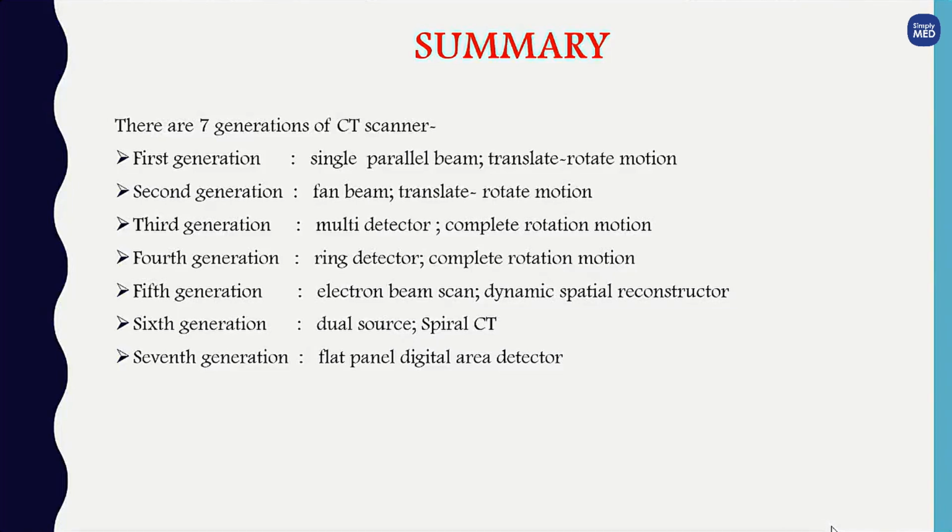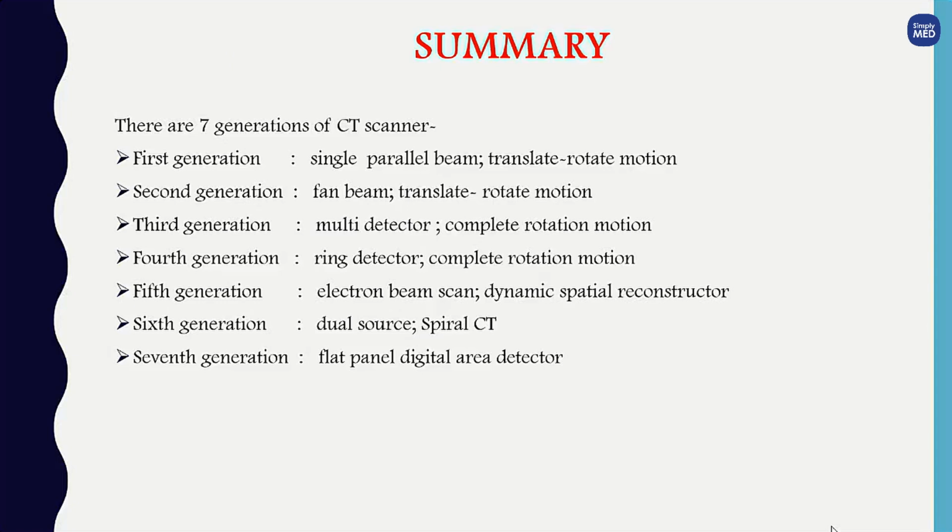So I'll just summarize again, as that was a little bit difficult, I think. First generation, we were using a single parallel beam with translate-rotate motion. Second generation, we were using a fan beam with translate-rotate motion. In the third generation, we had multiple detectors arranged in an arc, completely rotating.